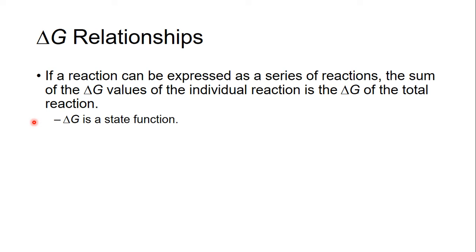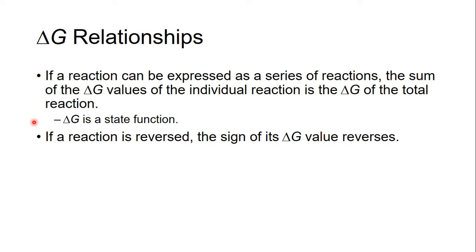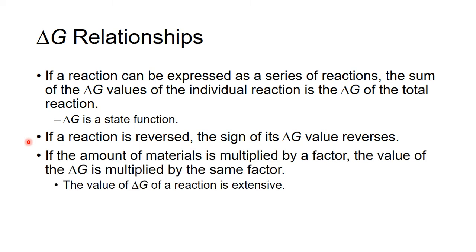That's all you have to look at when calculating delta G. Since this is the case, you can reverse a reaction and you'll get the same value of delta G back out, just with a different sign in front of it. And if you double or triple the amount of starting material in your reaction, then your delta G is doubled or tripled.